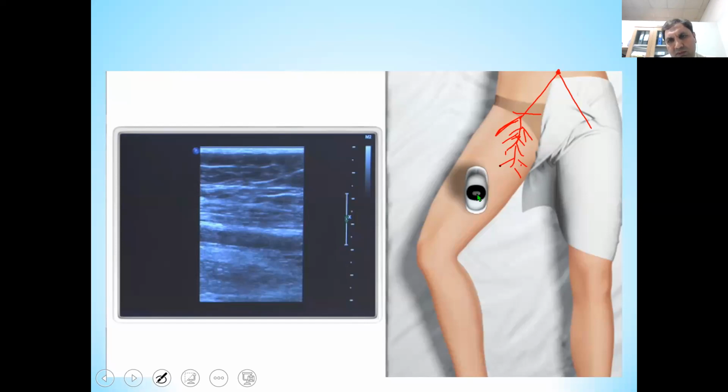But the femoral artery moves along the medial aspect of the thigh and enters the adductor canal, and then moves to the posterior part of the knee, and here it becomes the popliteal artery, with its counterpart vein.